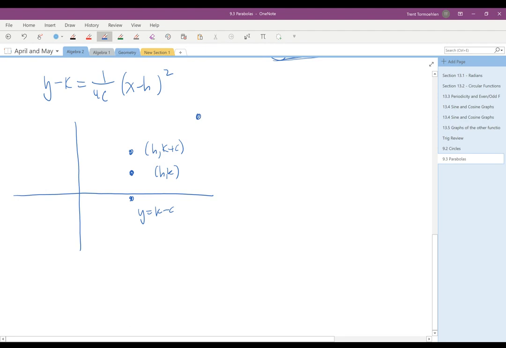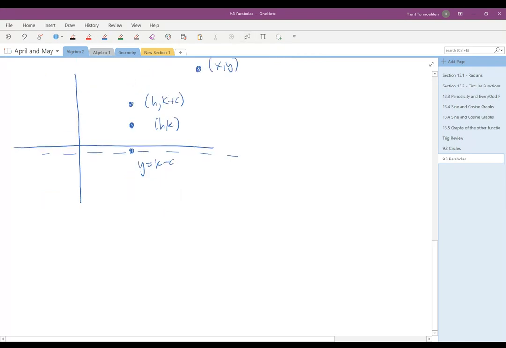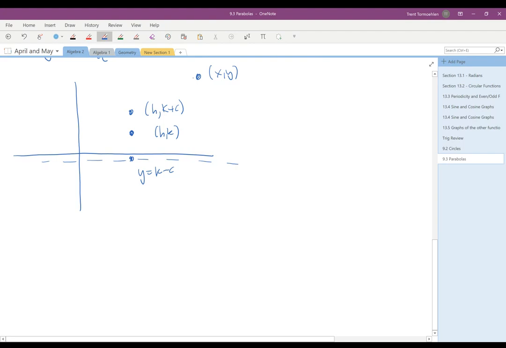And then we're going to have some point on here, and so that's going to be this line like this. Some point that is going to be x, y. And so when we do our distance formula, we find the distance from the focus, h comma k plus c, to x comma y. So again, it's going to be done the same way we just did it, which is x minus h squared plus y minus k plus c squared.